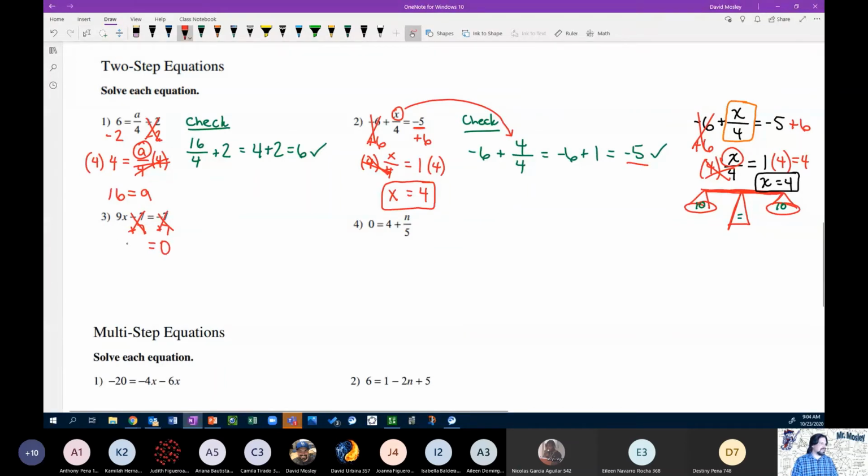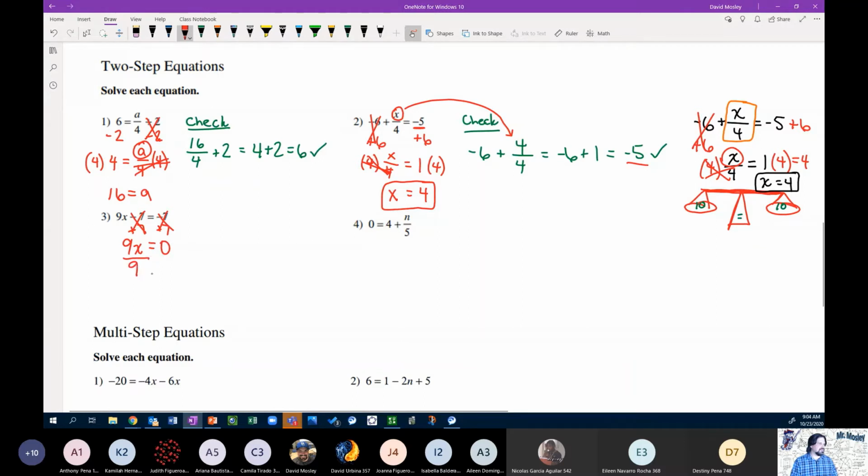So we have 9x equals 0. Our next step, if I'm multiplying by 9 on this side, to undo the multiplication by 9, I have to divide by 9.